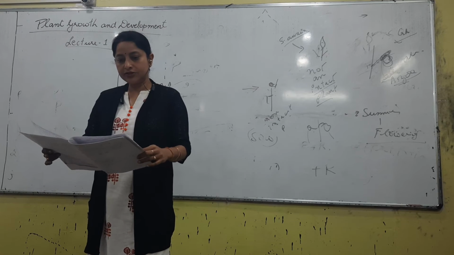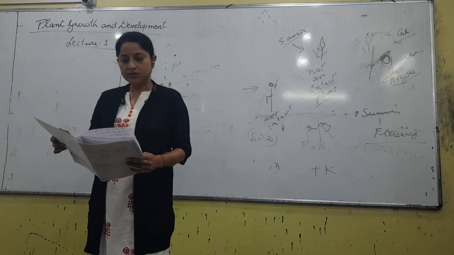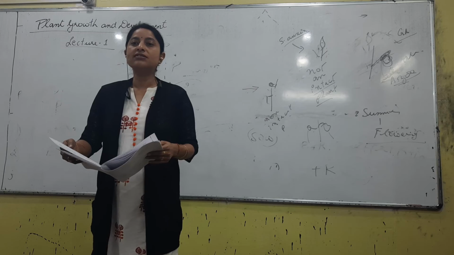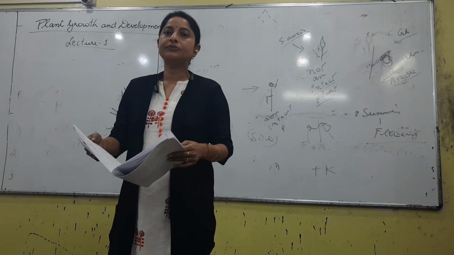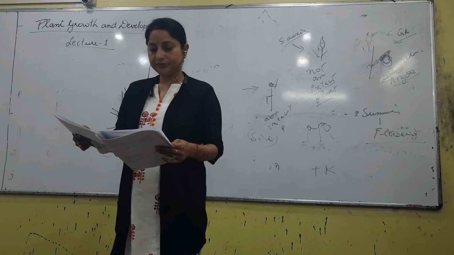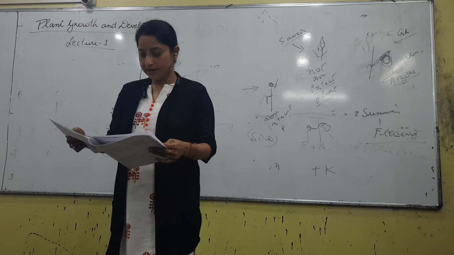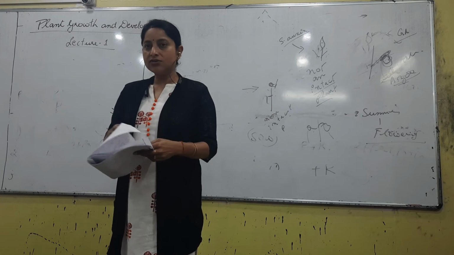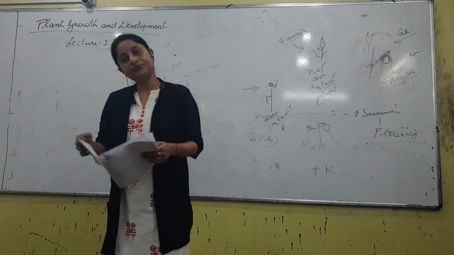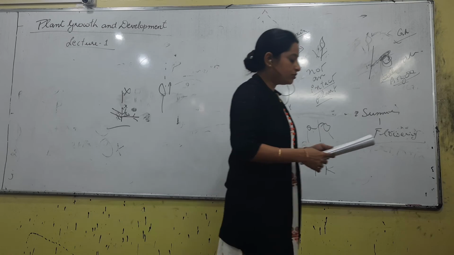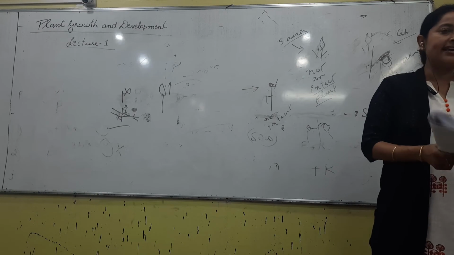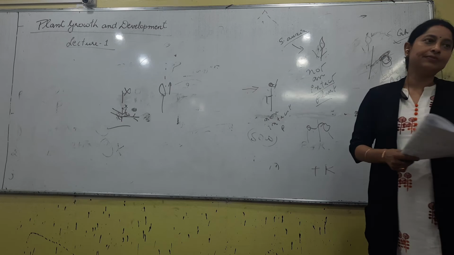Is it page 81, or 83? Synthetic auxins, examples? Synthetic auxins, page number 82 or 83. Examples? 2,4-D. Alright. So 2,4-D and 2,4,5-T are synthetic auxins that are used as weedicides.